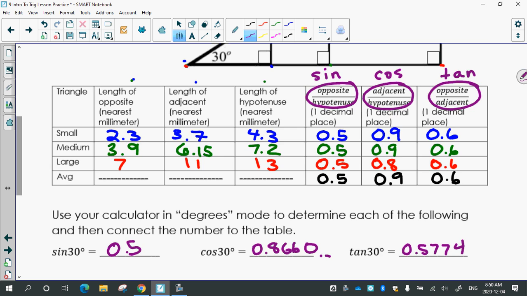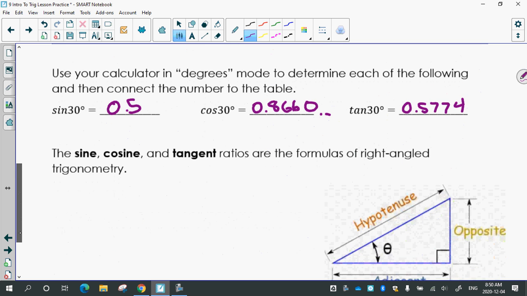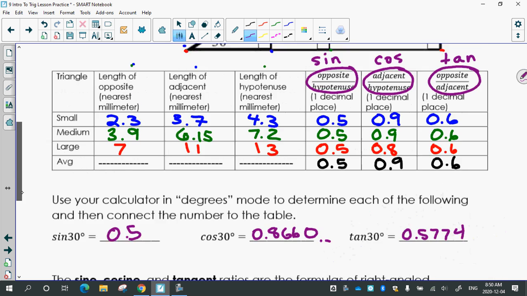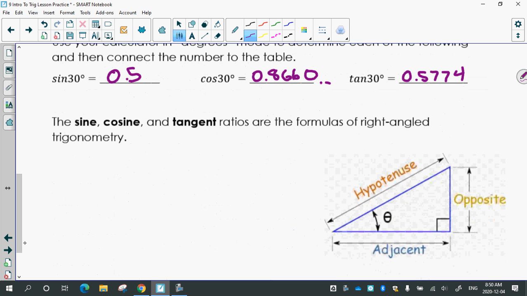All right, so the sine, cosine, and tangent ratios are the formulas for right angle triangle trigonometry. So here they are. The sine of an acute angle that we'll use as theta is equal to the length of the opposite side, so we use OPP for that, over the length of the hypotenuse.